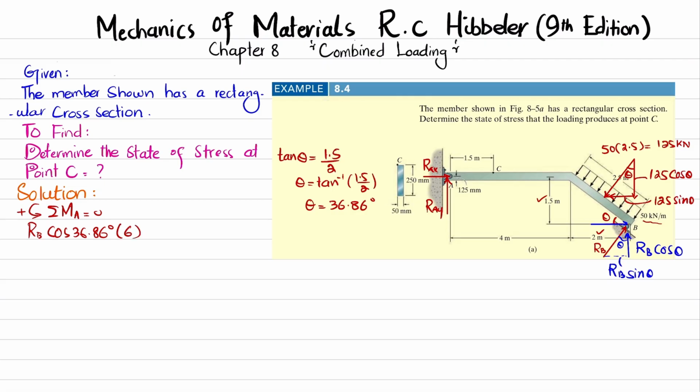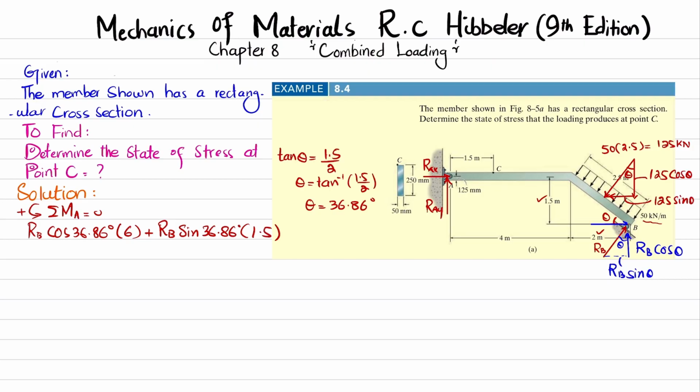The second moment is produced due to this force, which is RB into sine of 36.86 and perpendicular distance is 1.5, and this is also producing counterclockwise moment, so it will be positive. So I can write it RB into sine of 36.86 degree multiplied by 1.5.